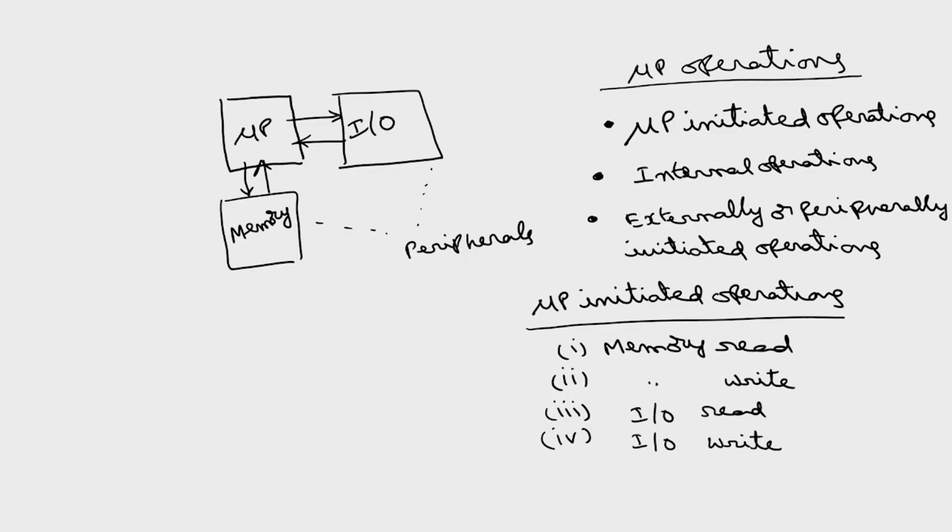Now, the question is, what are the hardware elements or what is the circuitry that is required by the microprocessor to perform these operations. In order to perform any of these operations, there is a step by step procedure that has to be followed by the microprocessor.